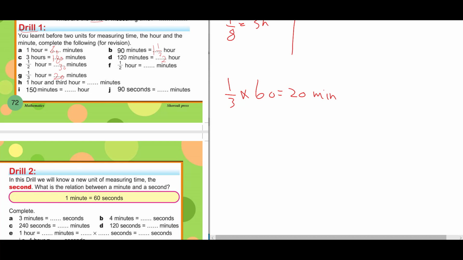One hour and third hour, we know that 1 hour equals 60 minutes, third hour equals 20 minutes, that means 60 minutes plus 20 minutes equals 80 minutes.